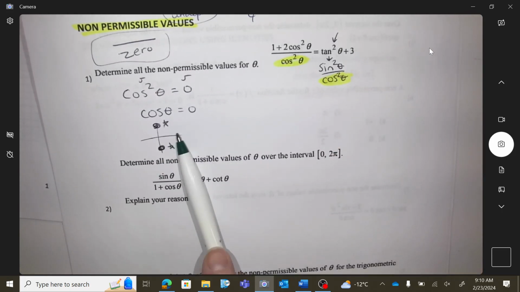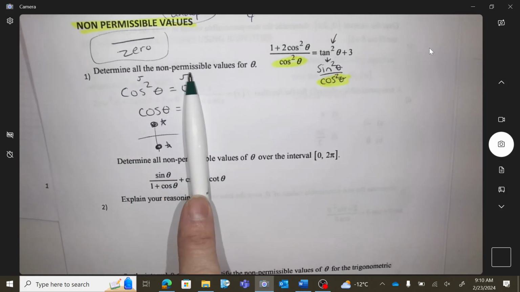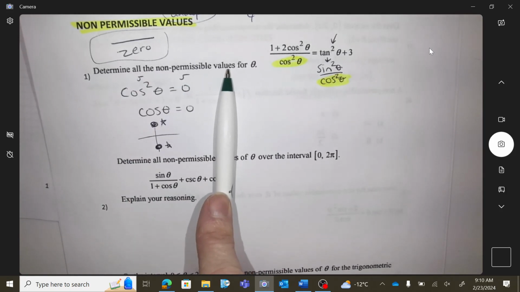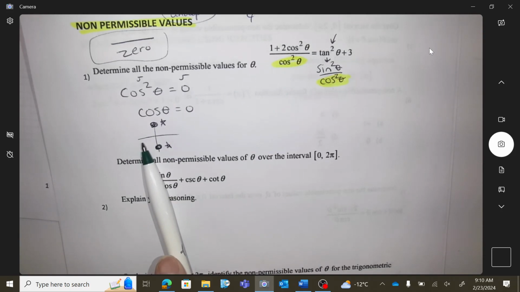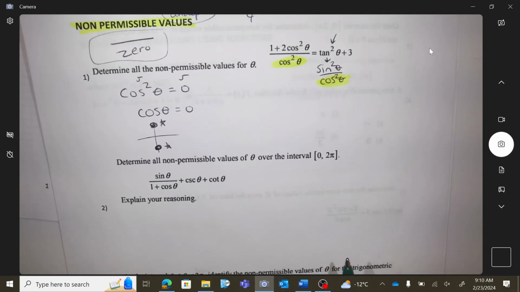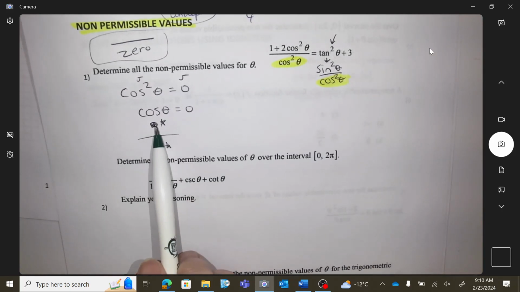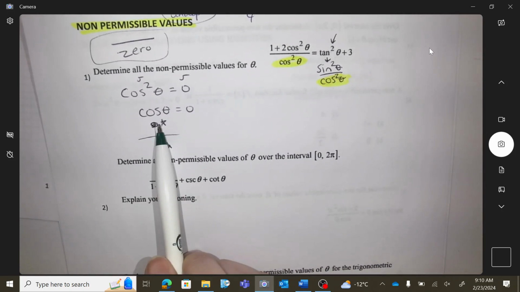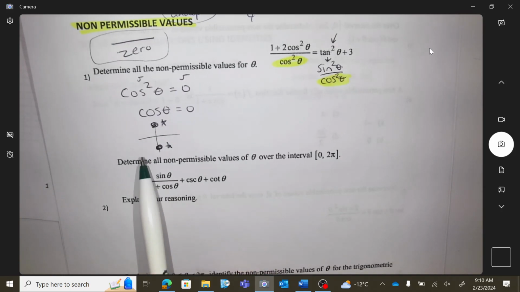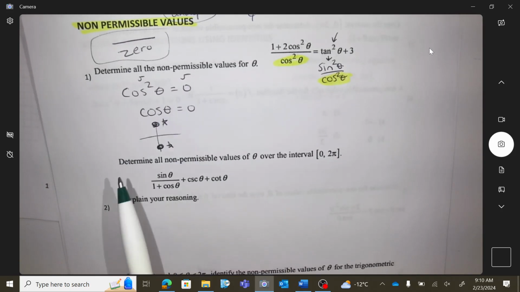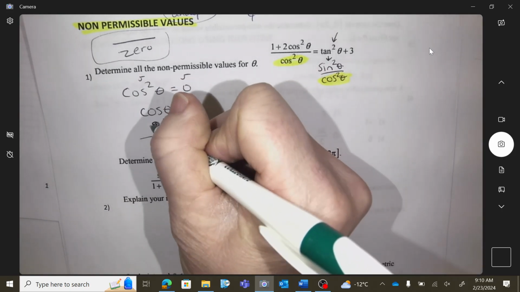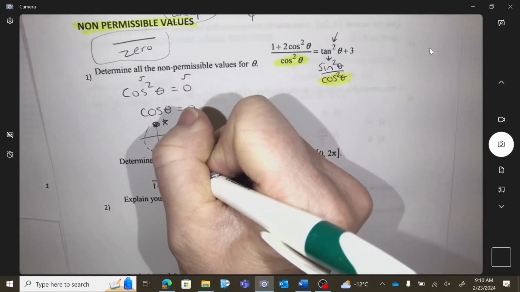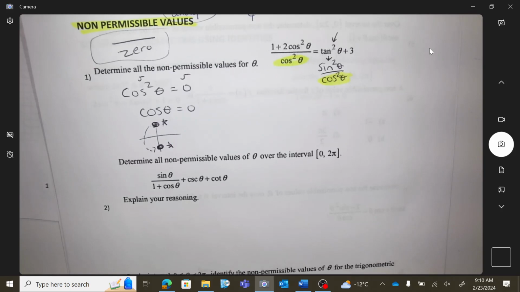So how am I going to write my answer? It says all of the values of the angle. So what do you include when you write all answers like that? 2 pi k. Okay? I'm going to tell you a more sophisticated way to write this. You can write this answer plus 2 pi k, or this answer plus 2 pi k, or what do you know about this answer to that answer?